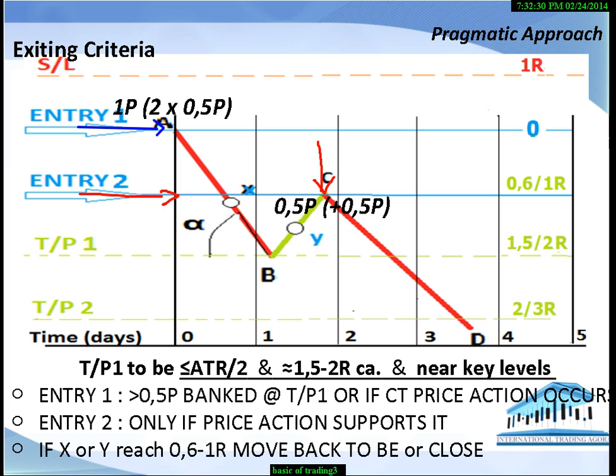And basically the maximum average true range should be here. So the maximum we expect the currency or the instrument to move would be here.